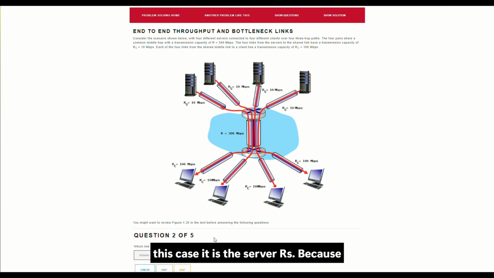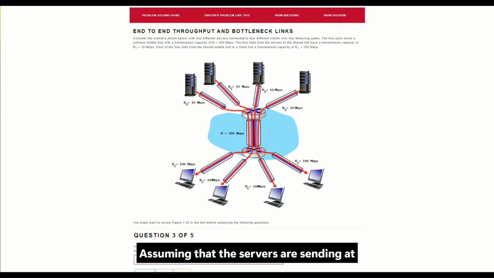In this case, it is the server, RS, because the network can handle up to 300 megabits per second and the computers can receive up to 100 megabits per second. But the servers are only sending up to 10 megabits per second. So the computer can't process enough data quickly enough because the server is too slow sending it. That means RS is the bottleneck link, right?